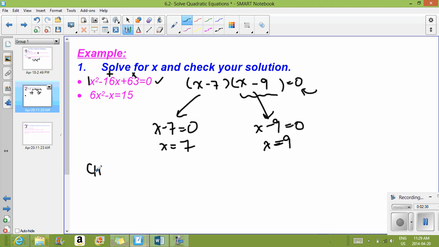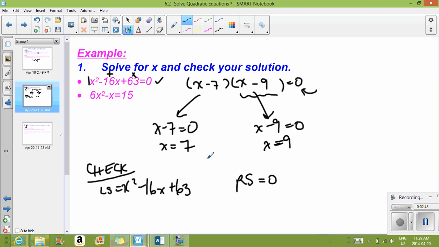We'll check just one of them. And the checks that we've done before are left side equals right side. So our left side, and we'll go back to the original one, is x squared minus 16x plus 63. And our right side is 0. So if we sub in, let's say we're doing 7, we have 7 squared minus 16 times 7 plus 63.